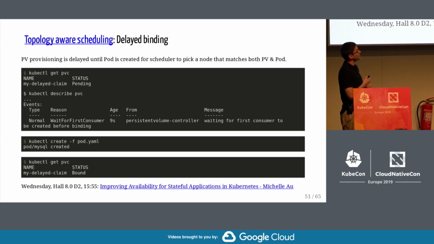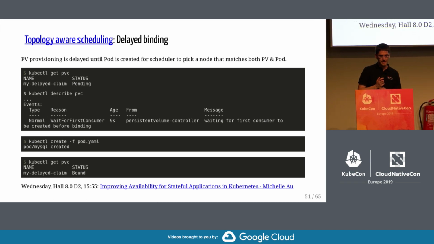So don't panic if your claims are pending. This may be the default mode in your cluster, especially if you run across multiple availability zones. There is a talk later today. Michelle is covering it in a bit.